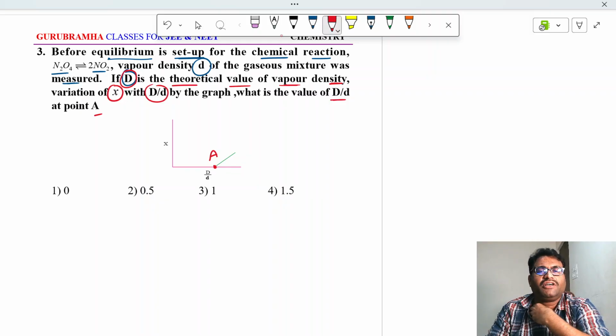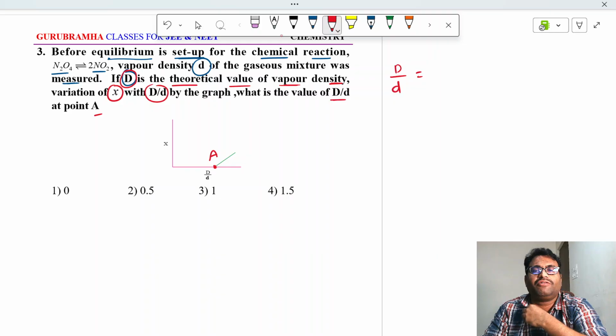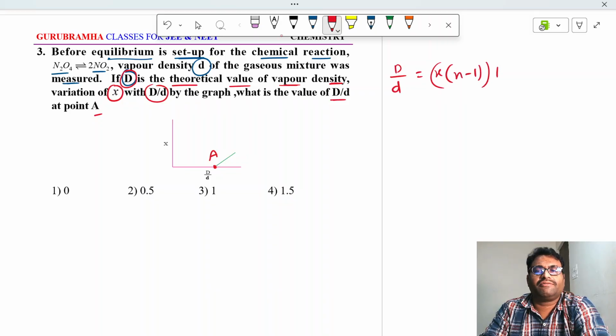So let us derive it. We know that D by d is equal to x into (n minus 1) plus 1, where x is the degree of dissociation.